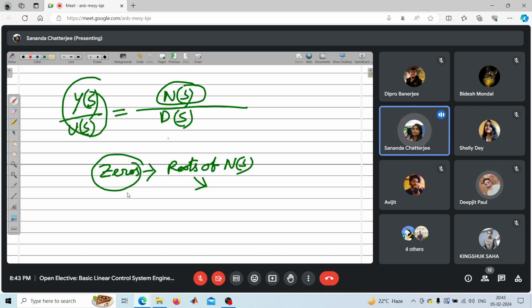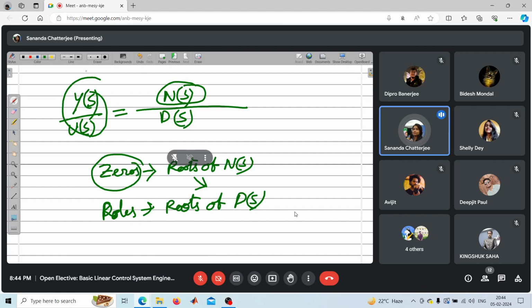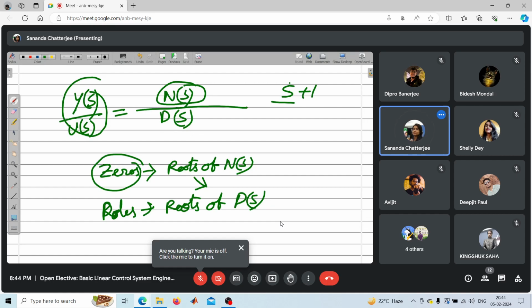And what are poles? Poles are the roots of D(s). So if you take the roots of D(s) and put the value of s in this transfer function, what will be the value of the transfer function in that case? Let us take an example.